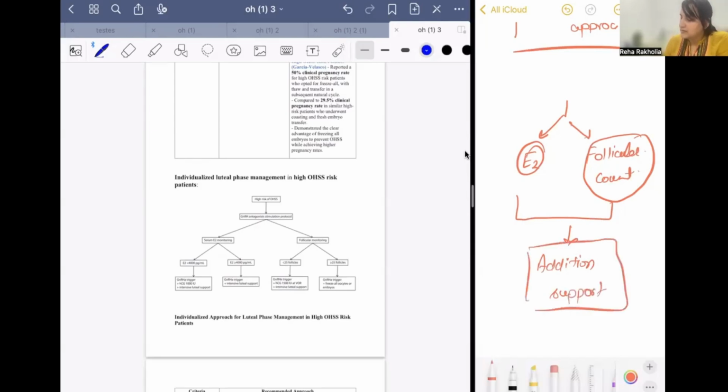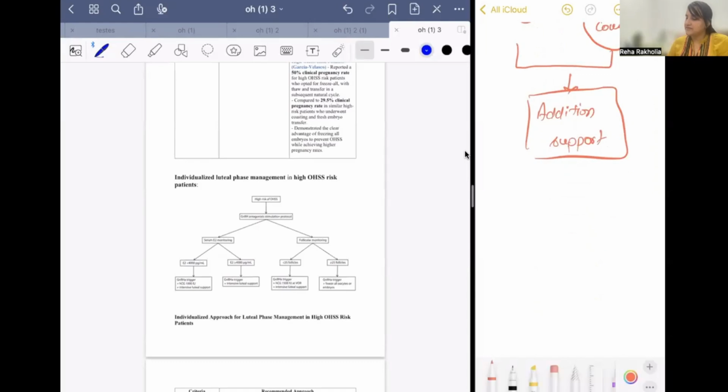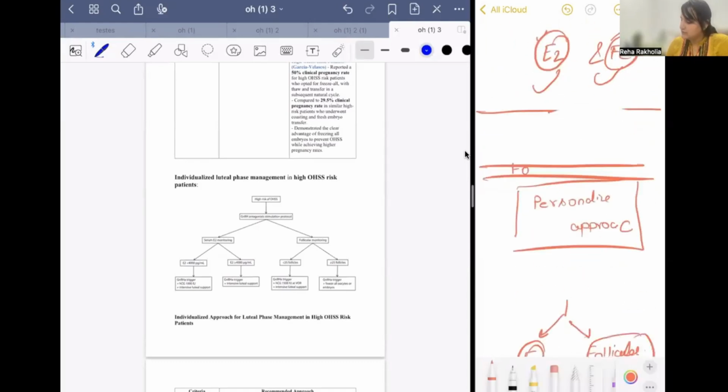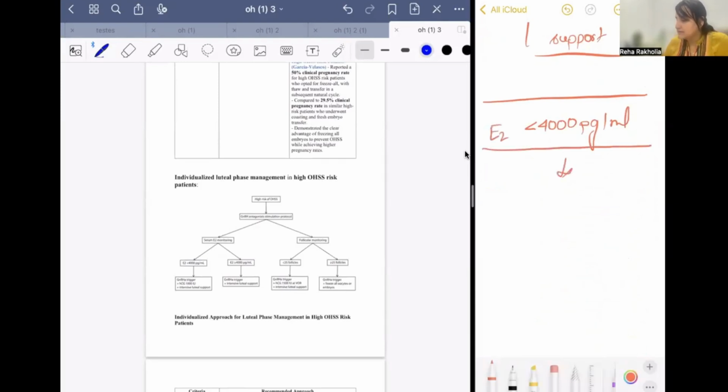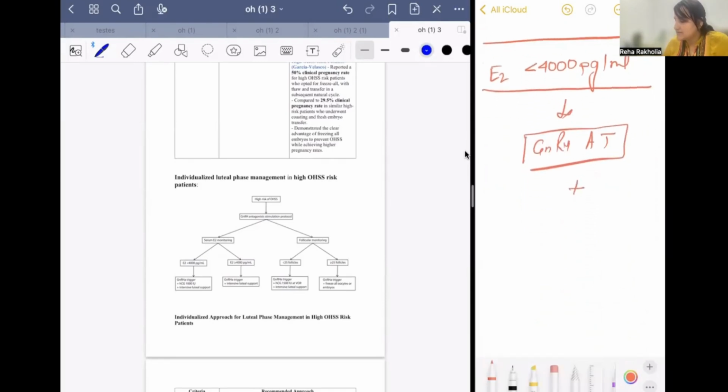Now we'll talk about patients with serum estradiol level less than 4,000 picogram per ml. These patients can safely undergo GnRH agonist trigger, but they may benefit from a small dose of HCG.